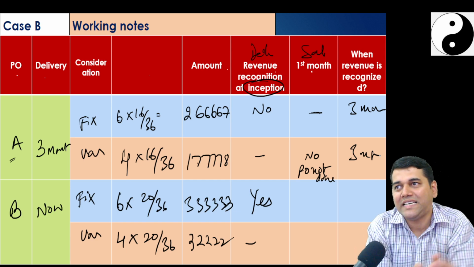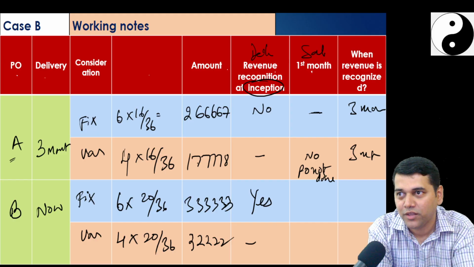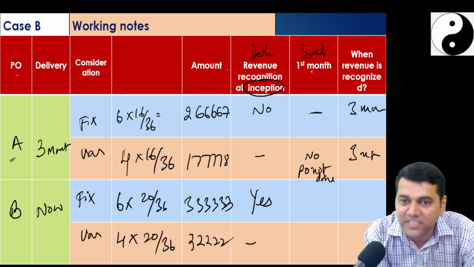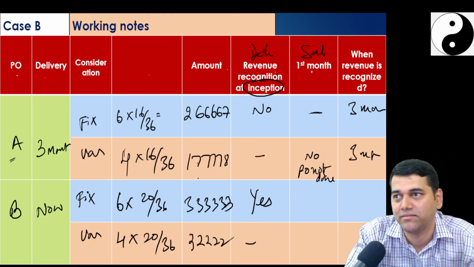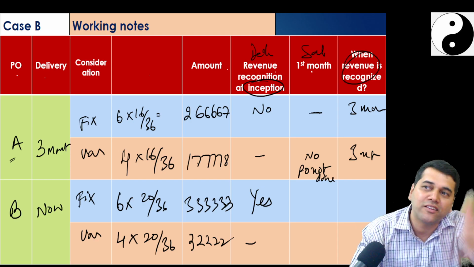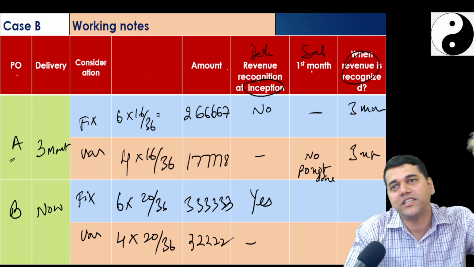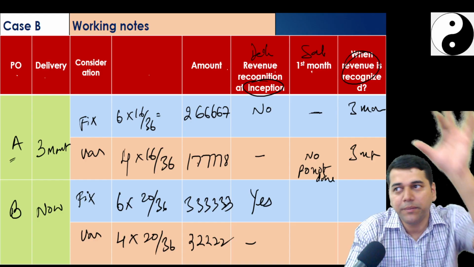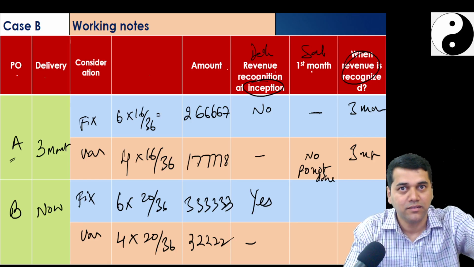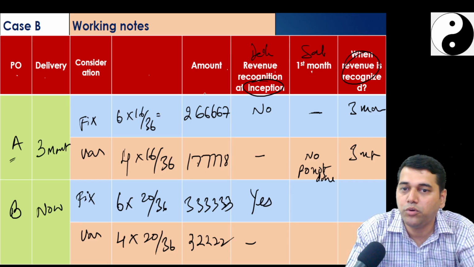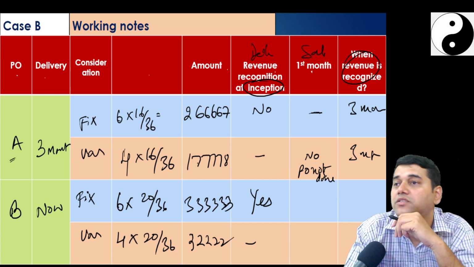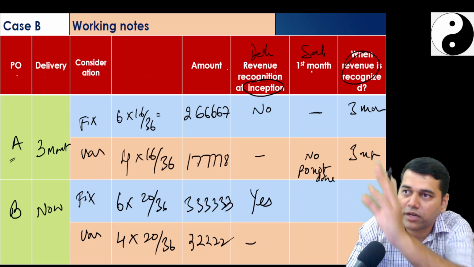After 3 months, the day you deliver A, you will pass one accounting entry for 2,66,000 plus 1,77,000. By that time sale has already happened and fixed consideration is already received, but you keep it in a contract liability. The moment you deliver, whichever is later, you recognize both these revenues. Until that time you accumulate in a contract liability.